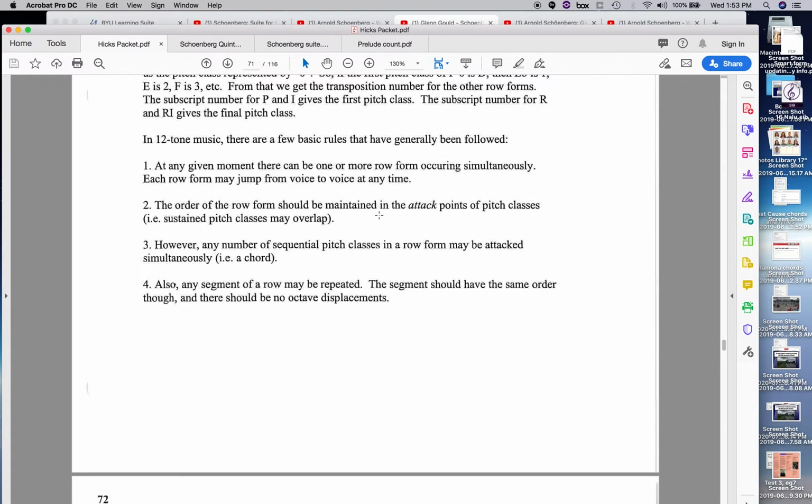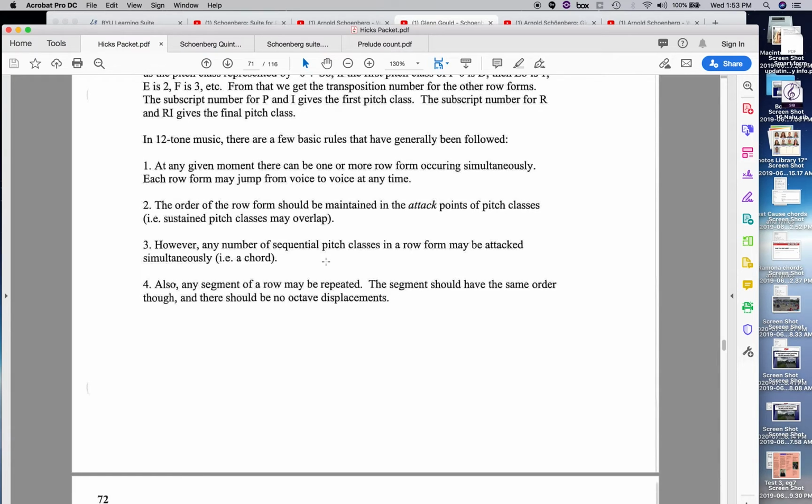However, any number of sequential pitch classes in a row may be attacked simultaneously, i.e. a chord. So again, if I had C, D flat, E flat, I could have C, D flat, E flat together, or I could have C, E flat, D flat. Those are all allowed. When things are attacked simultaneously, it doesn't matter the octave placement or the order in the chord.